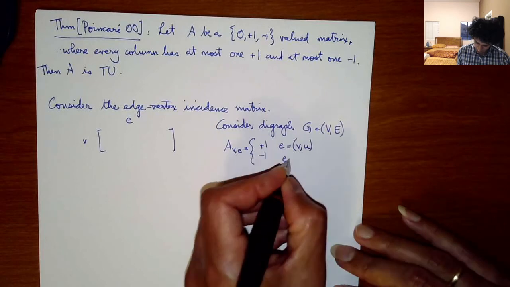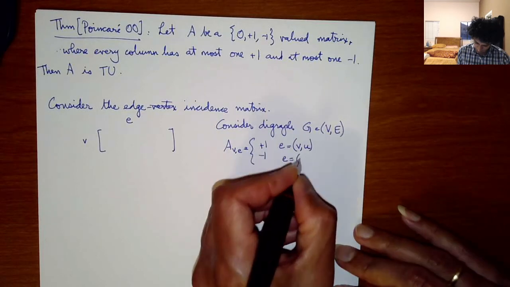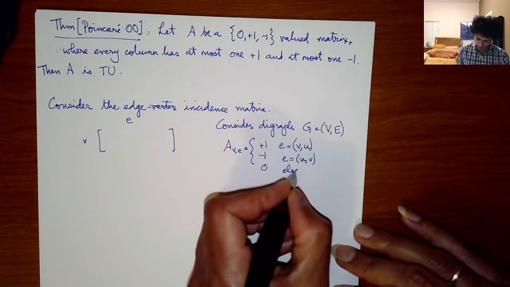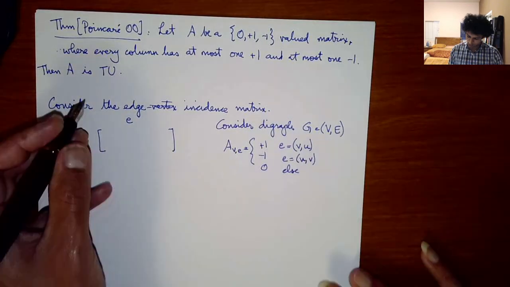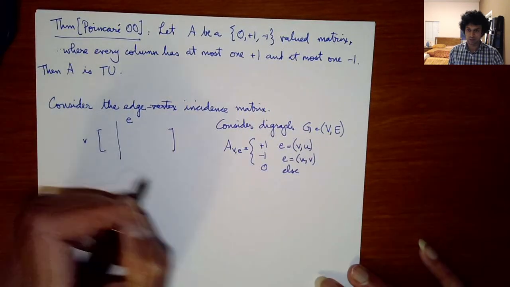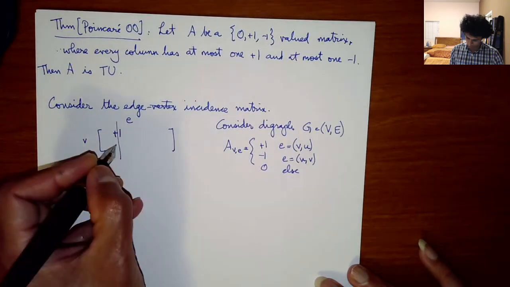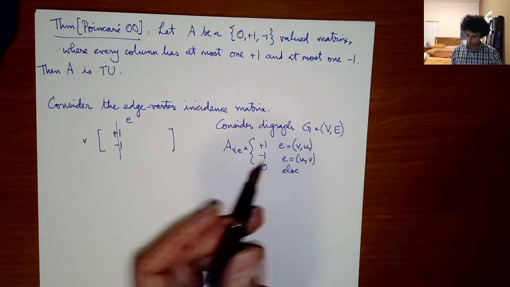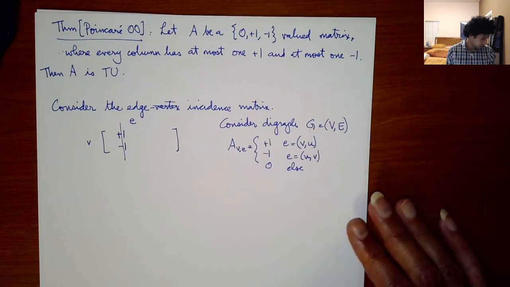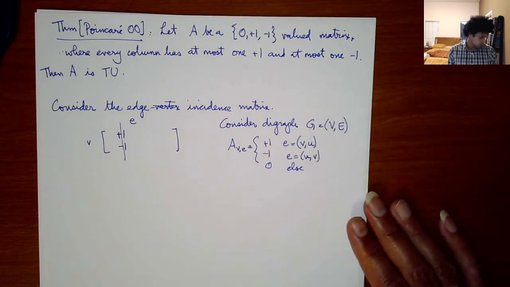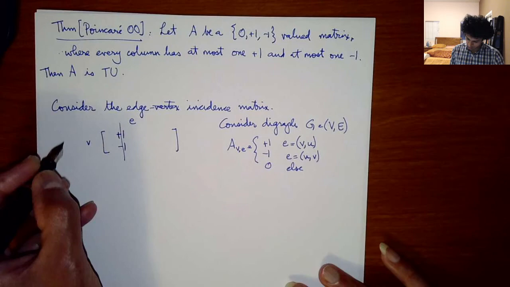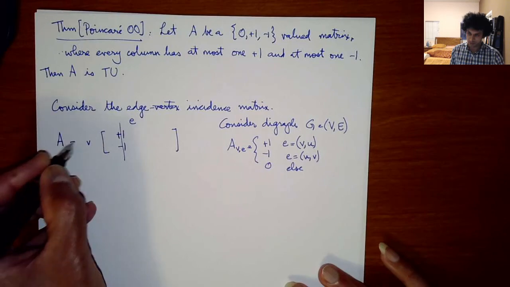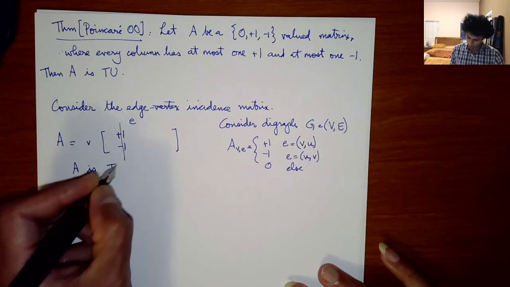It's minus 1 if E is equal to (U, V) and 0 otherwise. So if you look at any edge, there's exactly one place where there's a plus 1 and one place where there's a minus 1, because any edge has only two endpoints. So there's 1 plus 1 and 1 minus 1. And so A is totally unimodular by Poincare.